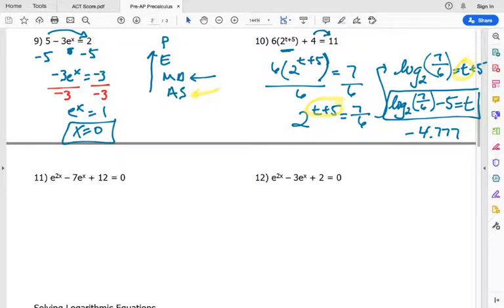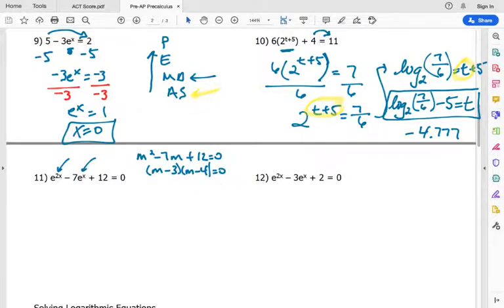Okay, on number 11 on the next page, we're solving for x, and x is an exponent, but it's in 2 places. So the easiest way to do this is to factor. And if I ask you to factor something like, I don't know, m squared minus 7m plus 12 equals 0, you would factor that to be m minus 3 times m minus 4 equals 0.